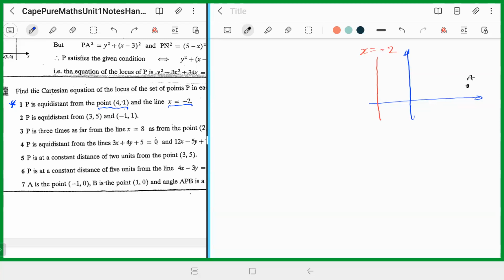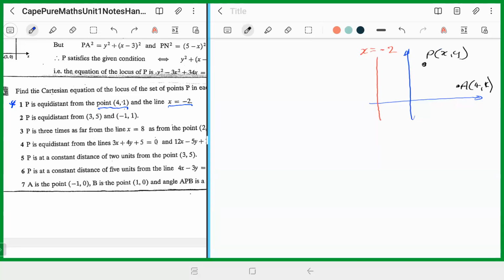So A is the point (4, 1). And then I'm going to put the point P right here, and I give it coordinates (x, y).